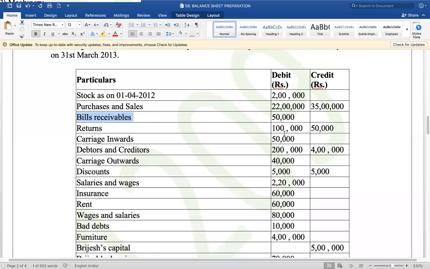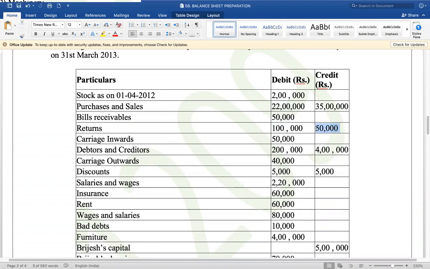Now, if purchase is debit, purchase returns is credit. If sales is credit, sales returns is a debit. Remember that. This return which I have highlighted is sales return, and this return is purchase return.